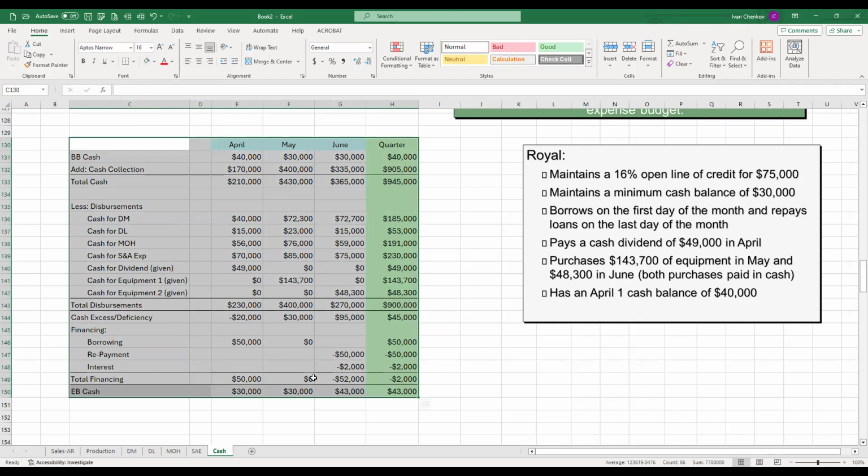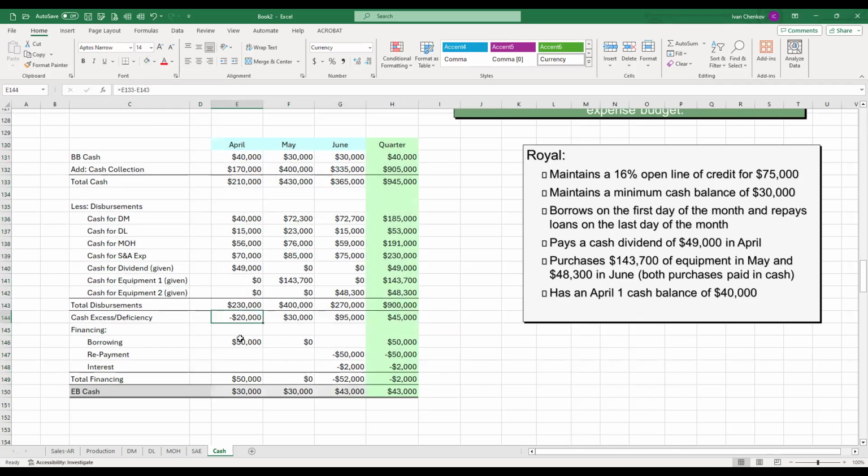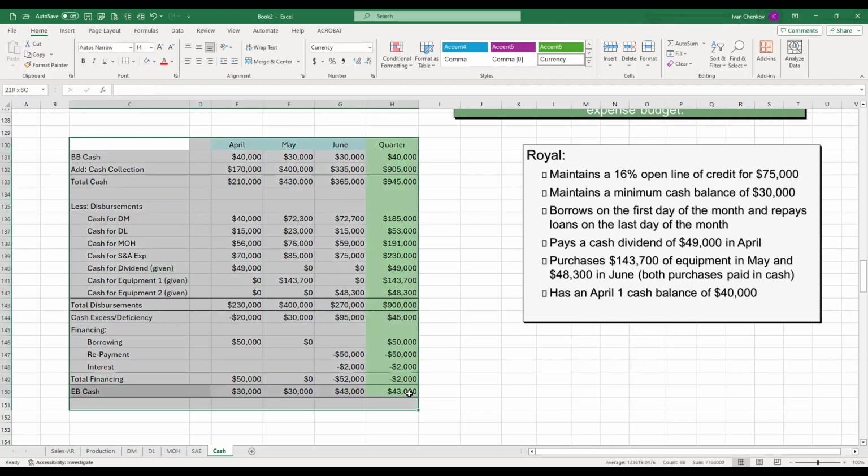Because here you can see which month you have deficiency, which month you have excess, what you're gonna do with the deficiency, from where you're gonna borrow, how much is gonna cost you the borrowing, on which month you're gonna become a positive on the cash, where you're gonna start having the excess of cash. Everything gonna show you this. So don't even think to start your business before you have this cash flow statement prepared.